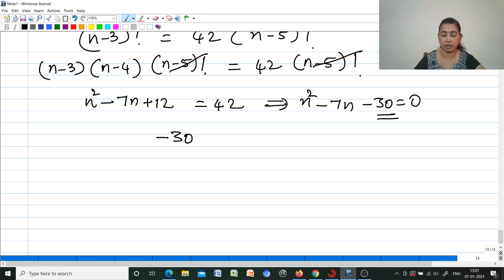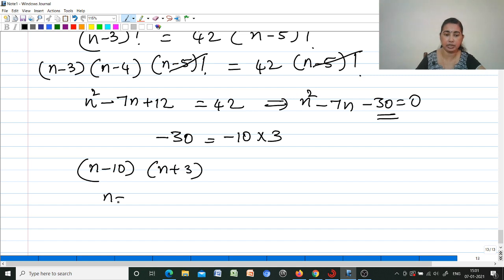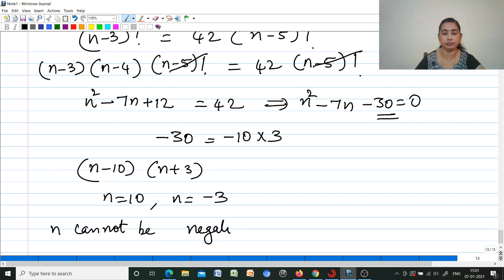That minus 30 can be written as minus 10 into 3, and minus 10 plus 3 is minus 7. So we can split the terms: n minus 10 into n plus 3, so n is equal to 10 and n is equal to minus 3. But the number of terms n cannot be negative. Therefore, n is equal to 10.